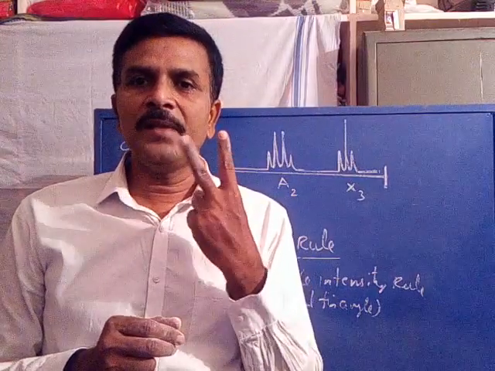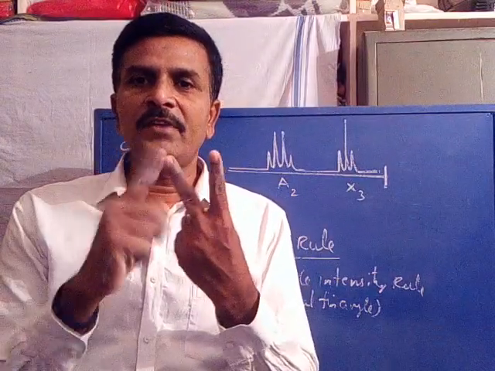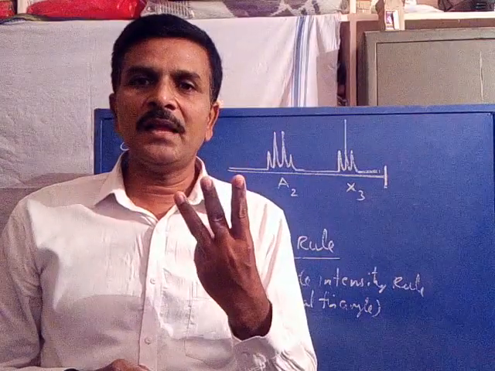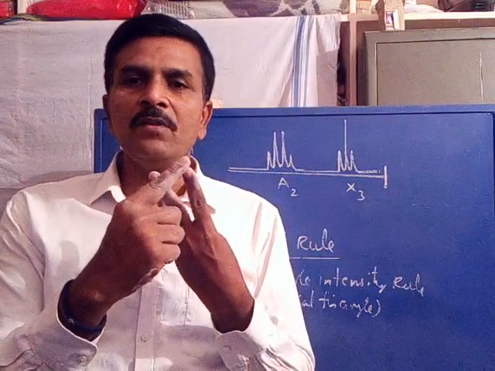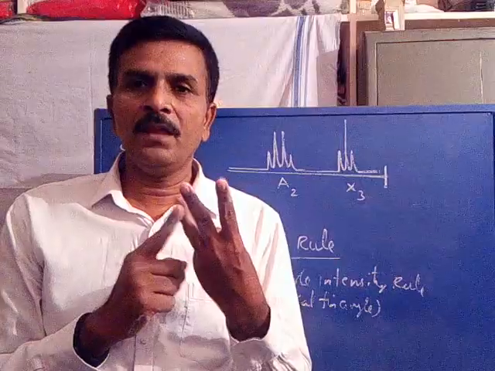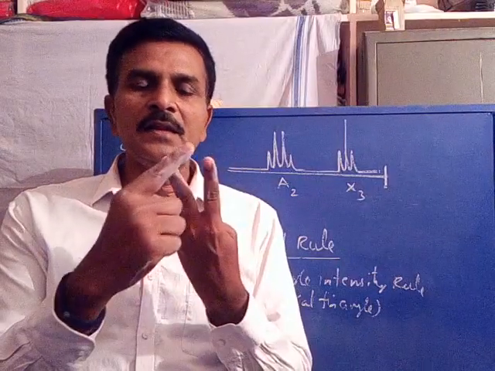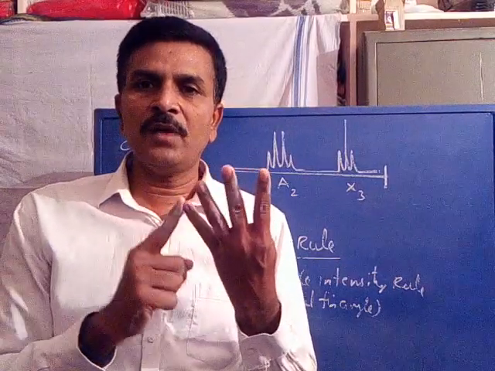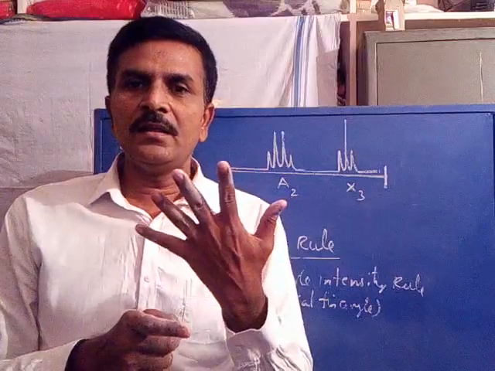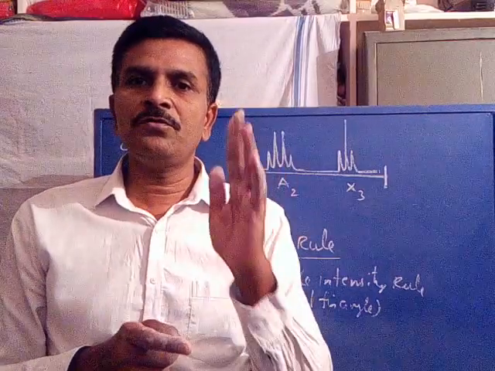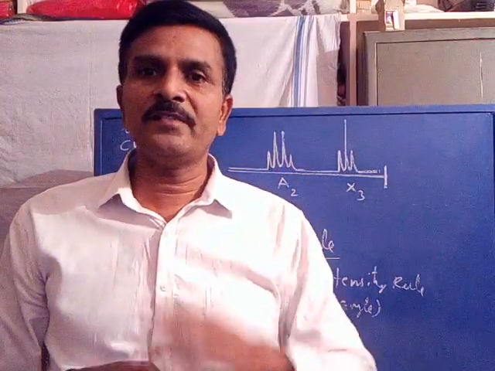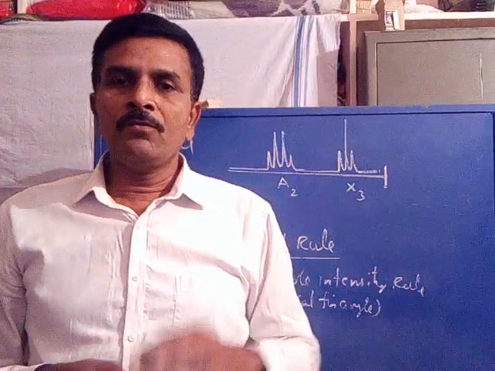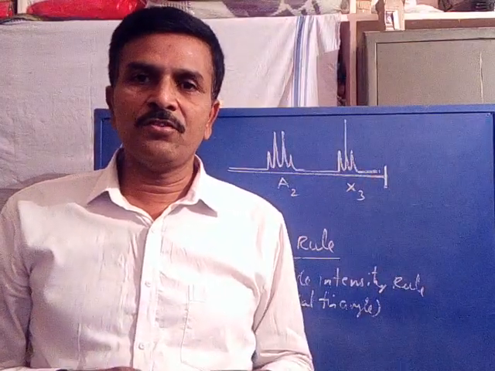If it appears as a doublet, the intensity will be 1:1. If it appears as a triplet, the intensity should be 1:2:1. If it is a quartet, the intensity should be 1:3:3:1. If it is a quintet, the intensity should be 1:4:6:4:1. This is Pascal triangle, which we discussed in your first semester.